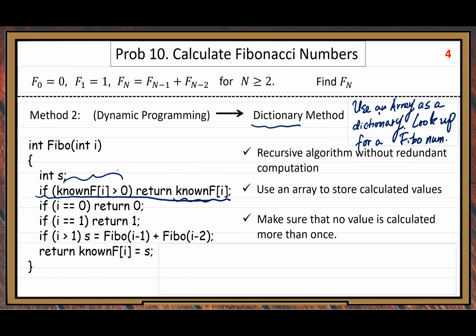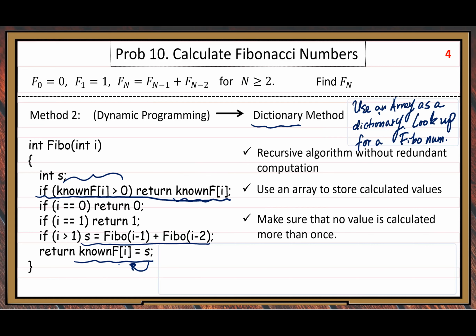But after you assign it a positive Fibonacci number, this is assignment. You assign the S you calculated, because you get S from here. S you can assign to the known value, but you only need to assign it once.